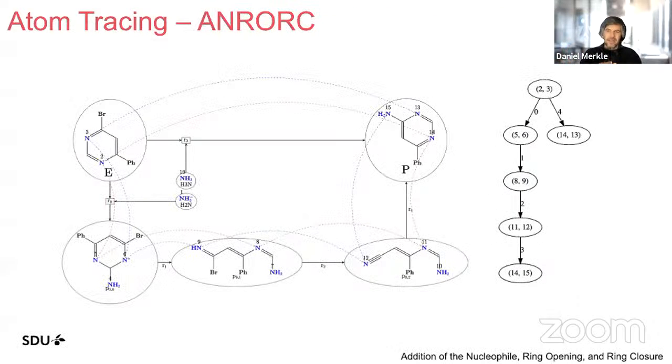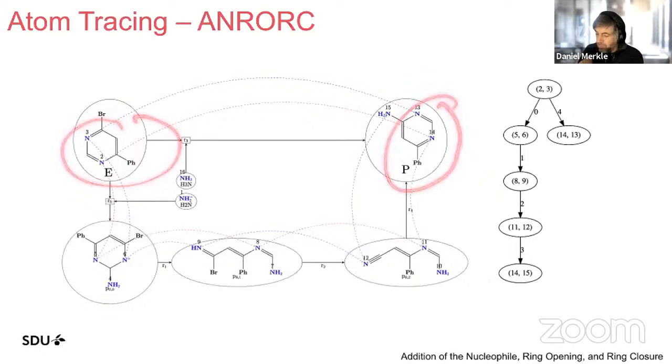Already you can use this, for example, to analyze chemical systems like the one that I show here, which is a very famous one, the so-called aryne mechanism, where you have this ring structure with a bromine attached, and the bromine should be replaced by the so-called amide group. And because this part and this part are basically isomorphic, you might think the bromine is just replaced by this amine group, but that's not the case.